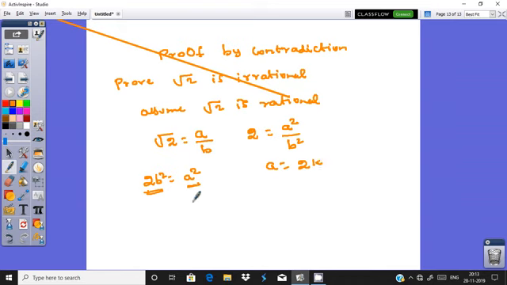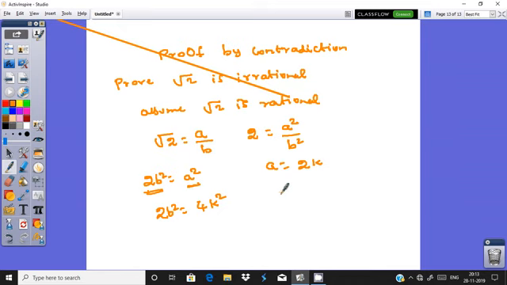When you substitute, 2b squared stays the same and a squared becomes 4k squared.